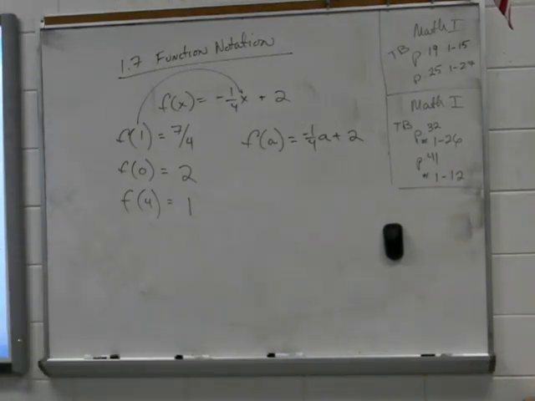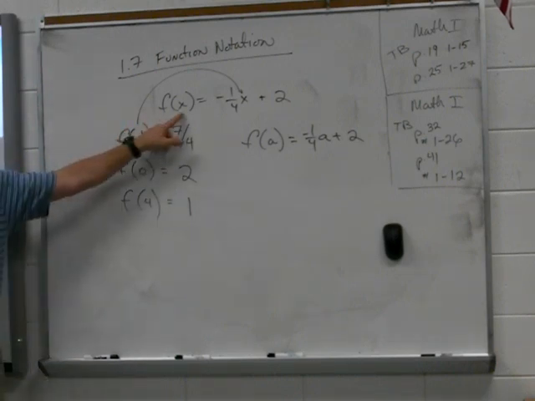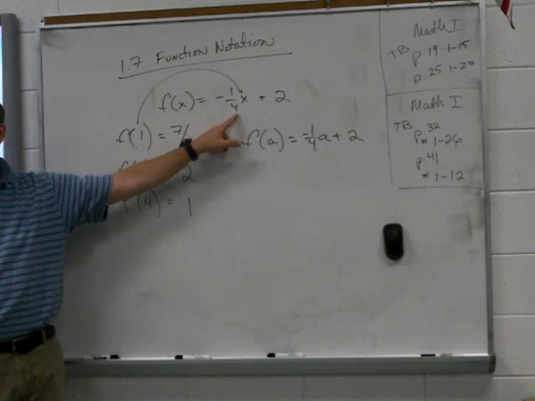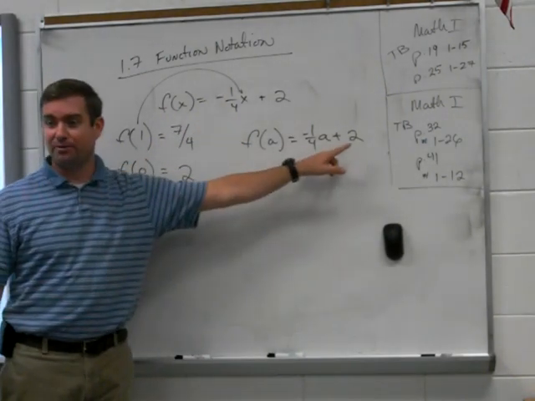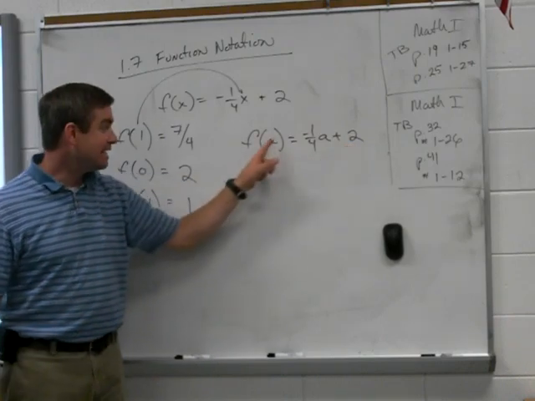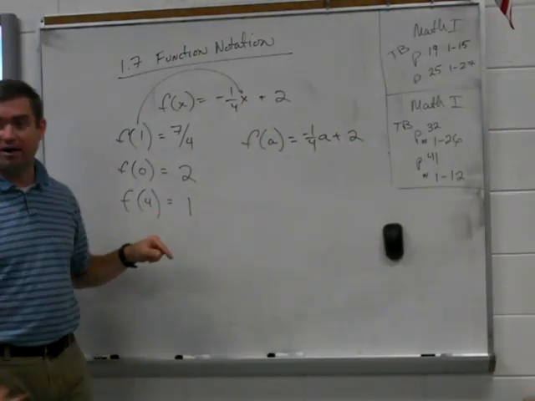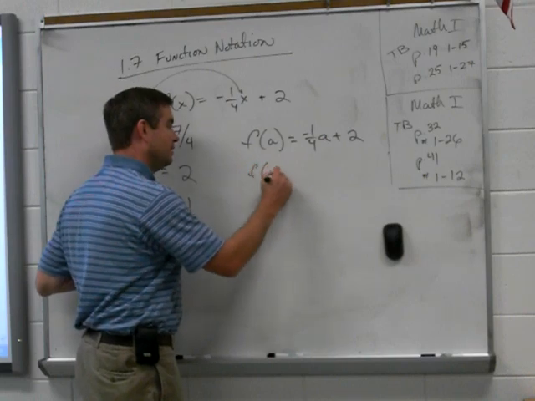See how easy that was? That's right. F of x, when it's x, I've got negative 1/4 x plus 2. F of a would be negative 1/4 a plus 2. I'm just taking that a and substituting it for x. All right, how about this one?